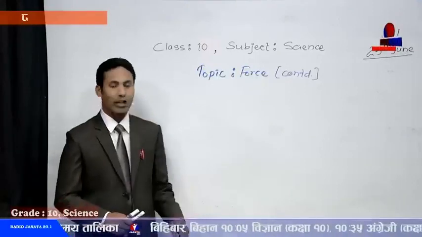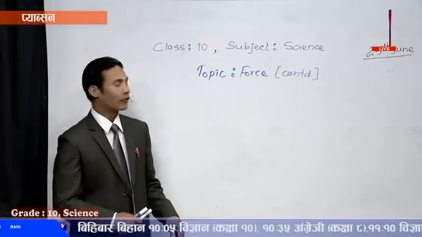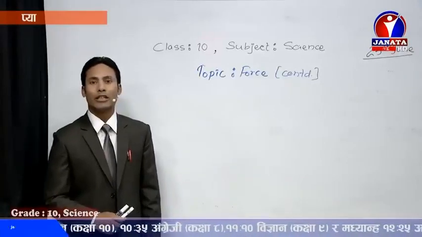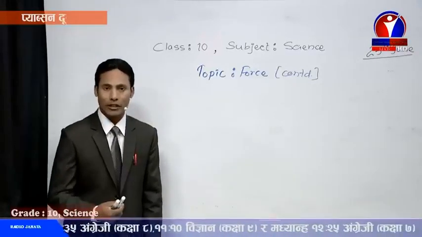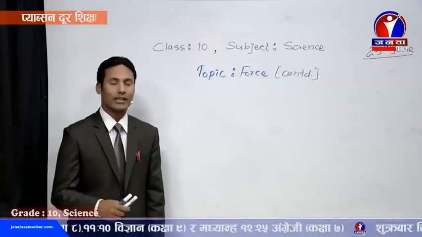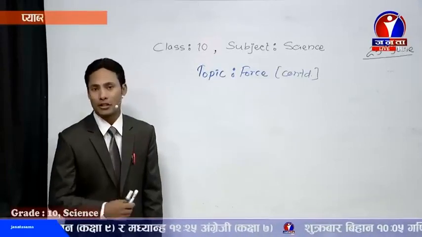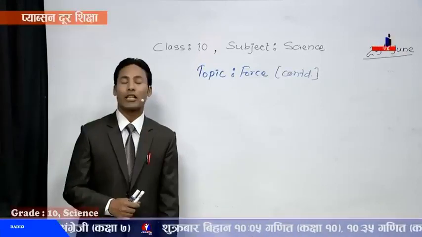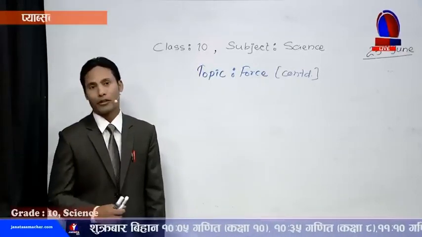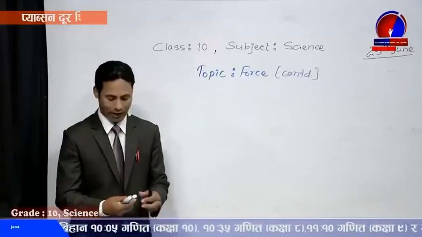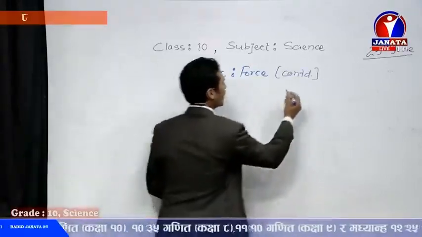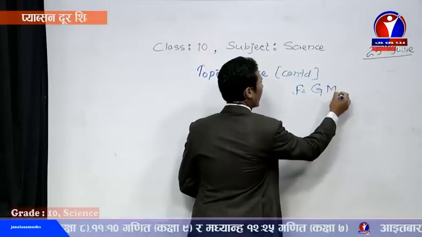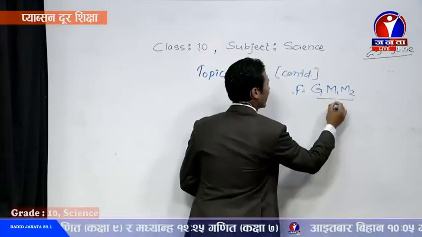Previously we have discussed the definition of force, and similarly gravitational force, the definition of gravitational force, and Newton's universal law of gravitation in the first class. We also discussed the mathematical expression for Newton's universal law of gravitation that we derived, F equals G m1 m2 by d square.